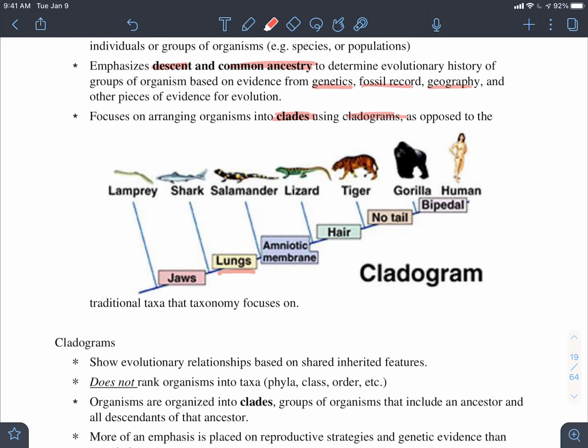From hair, which is a feature that none of these organisms had, we also have the organization of things with and without tails. All organisms on Earth right now that have hair are arranged either into a case where they have tails or no tails, and it appears that even humans and gorillas have sort of a diminutive tail that is no longer in use.